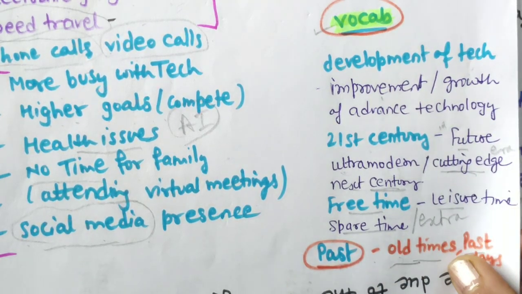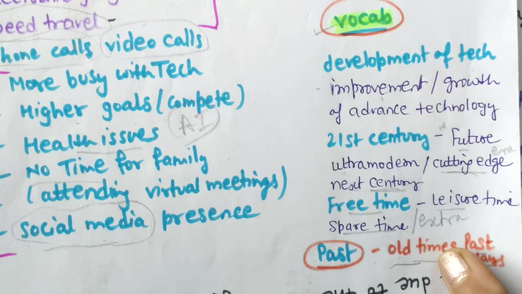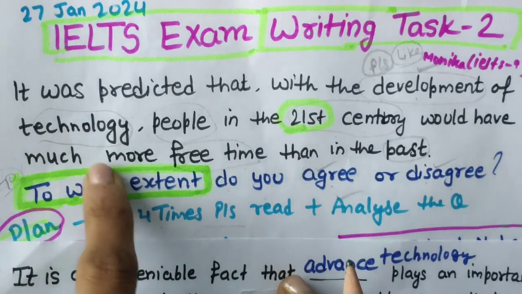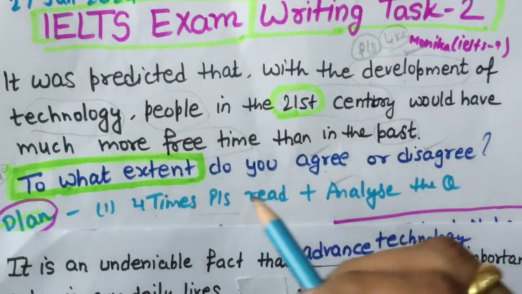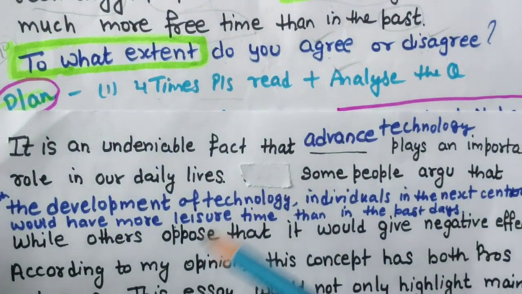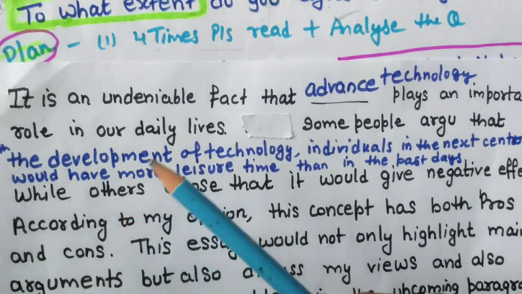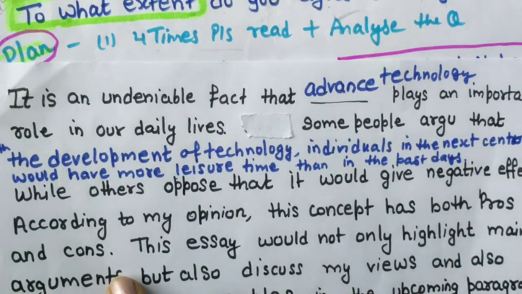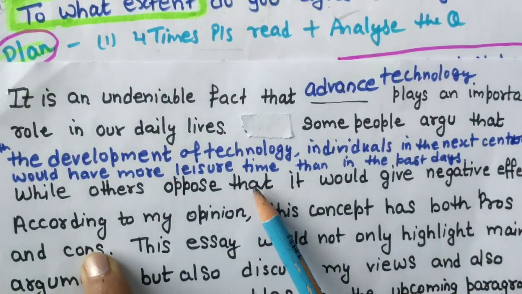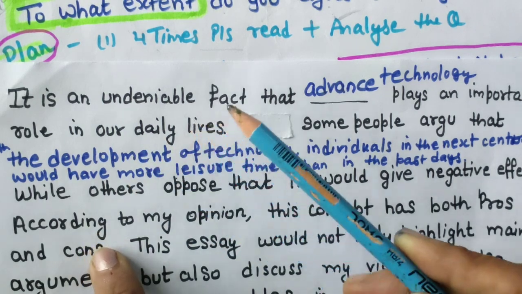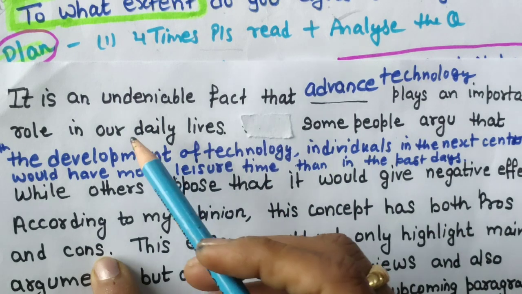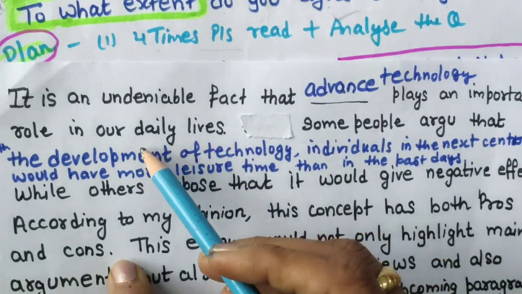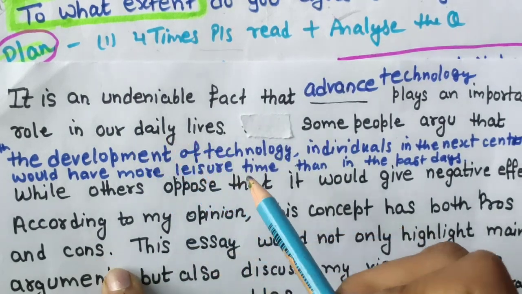Now, how to write the introduction with the help of the template. This is the question and this is the template. Here the main topic is technology development. In the template, the black text is template language and the blue text is the question fitting. It is an undeniable fact that advanced technology plays an important role in our daily lives, or in human life; you can write this.